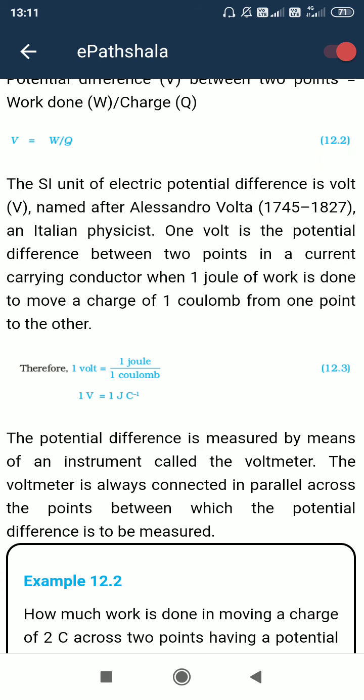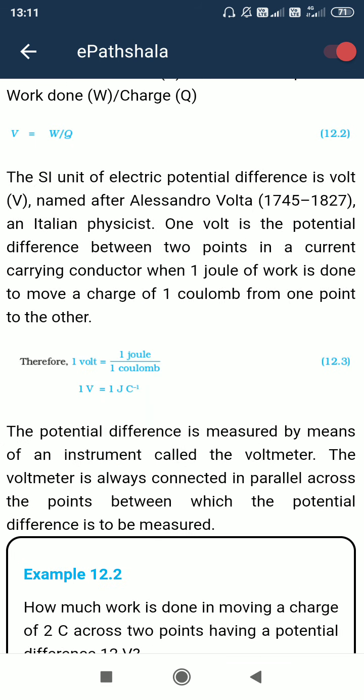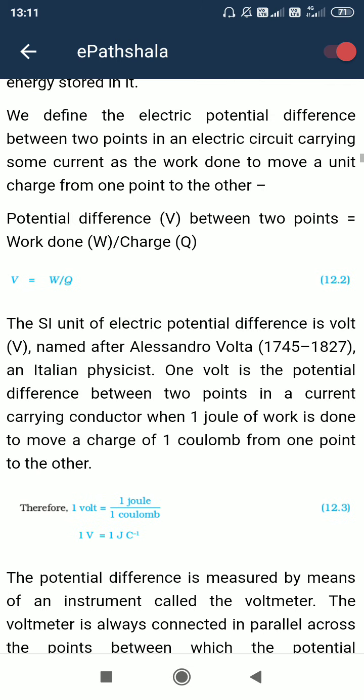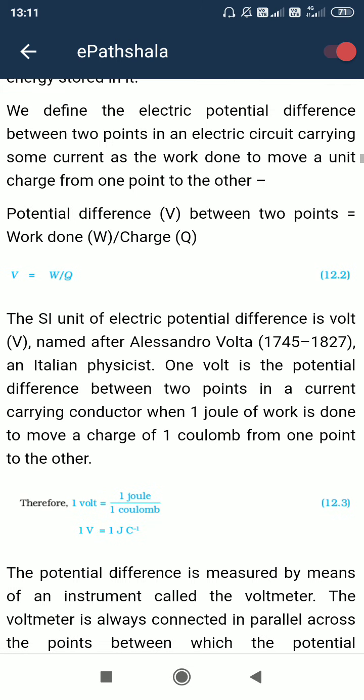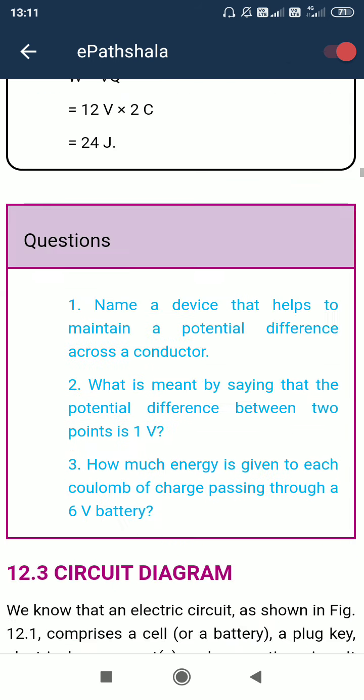The electric potential difference between two points in an electric circuit carrying some current is the work done to move a unit charge from one point to another.